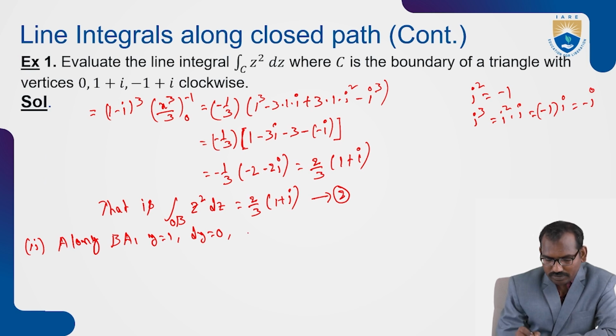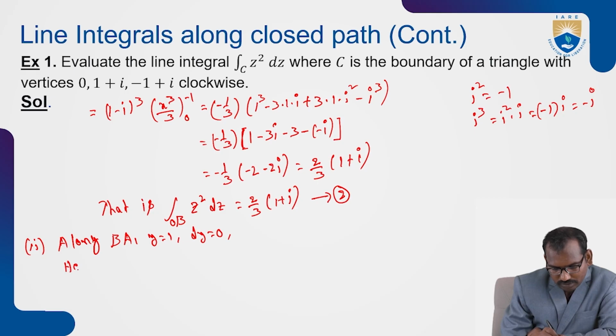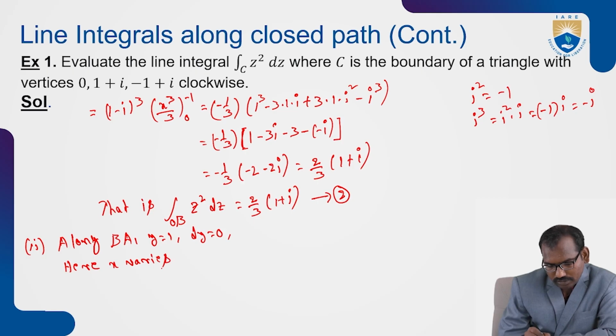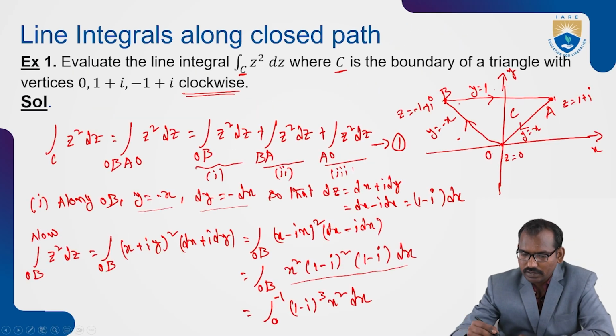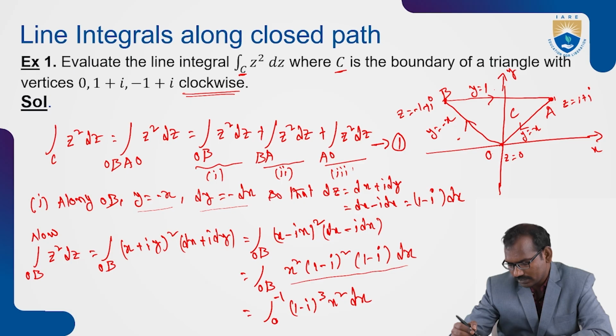Along BA, how is x varying? Here x varies from B to A. At B you see real part is minus 1. At A real part is 1. That is x variation.